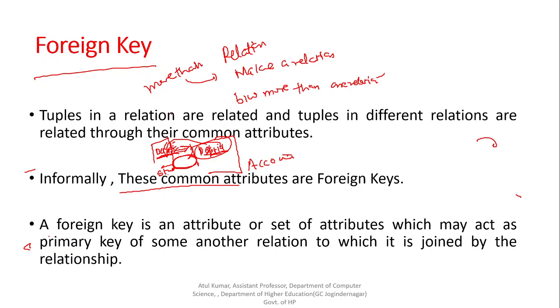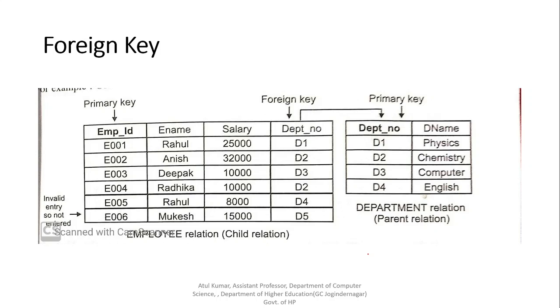The formal definition of a foreign key is that it is the attribute or set of attributes which may act as the primary key of some other relation to which it is joined by the relationship. In this example we have two relations: one is the department relation and the other is the employee relation.